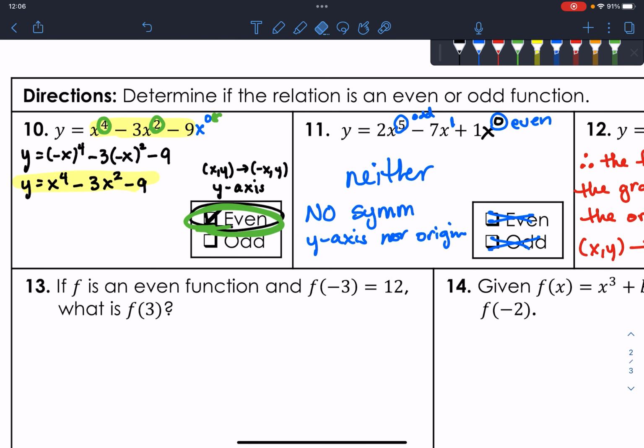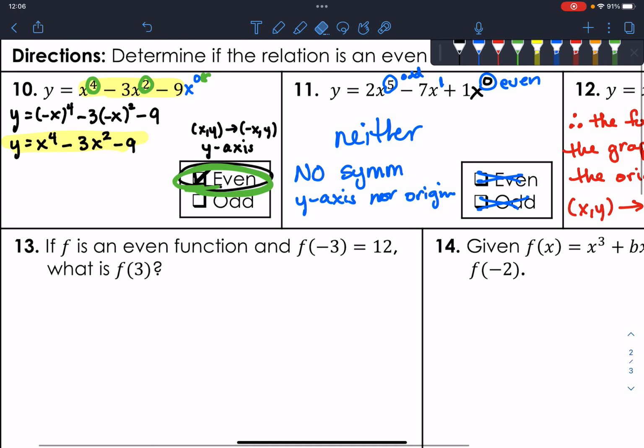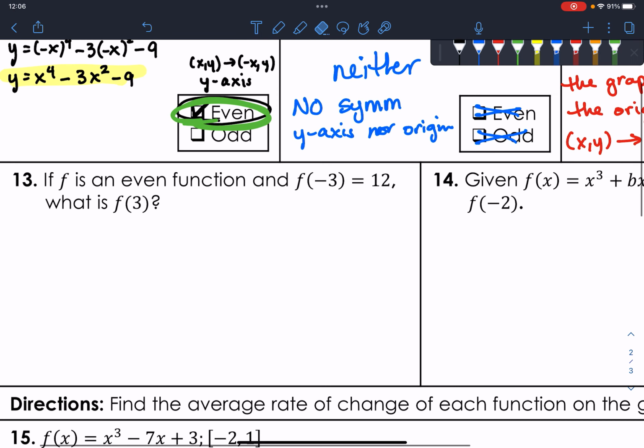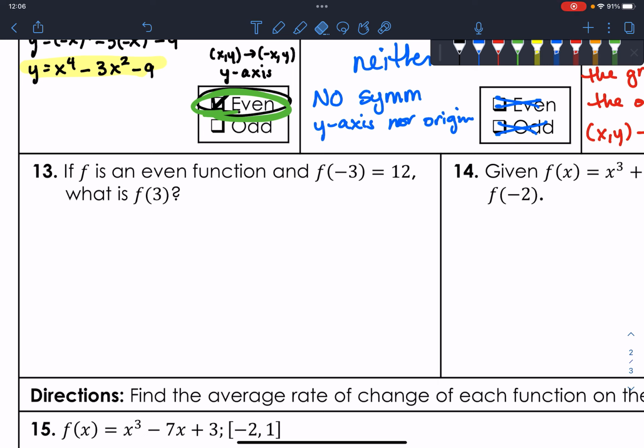So let's use that information and again the correlation between symmetry and even and odd functions to answer questions 13 and 14. Now, since on number 13 I'm giving you the fact that f is an even function, let's again make the correlation with that symmetry.